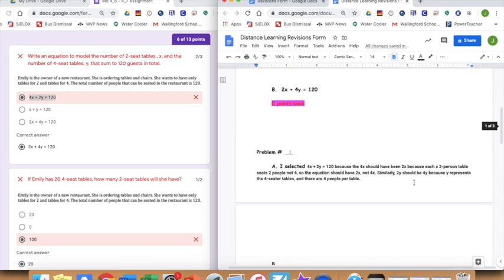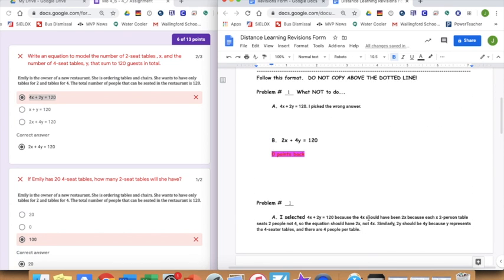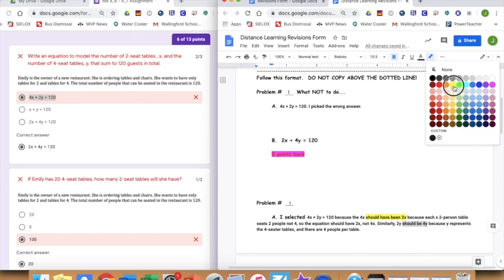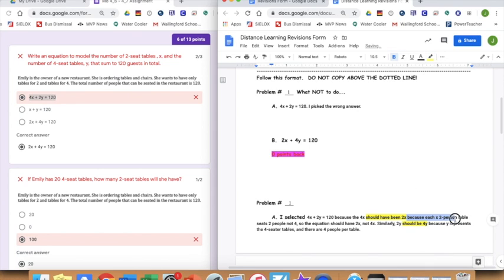Okay. So there's that. So let's see, the 4x should be 2x. I'll highlight that because that's a major point. The 4x should have been 2x. And the 2y should be 4y. That's my correct answers because each x 2-person table seats 2 people.